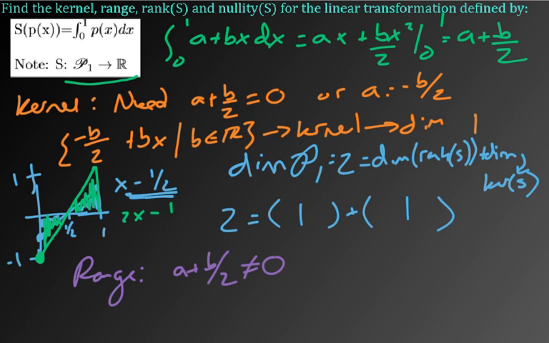So you could say just the set a plus b over 2 such that a does not equal minus b over 2, and a and b are all real numbers. Anything in there, where you're not going to get this symmetry, and so you're not going to be able to zero it out like that. So that's just another kind of neat example to analyze all these different properties of a transformation.